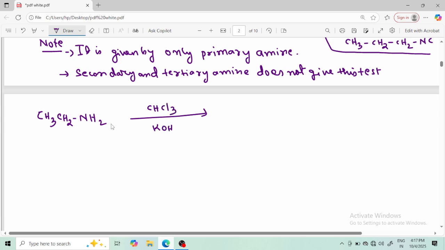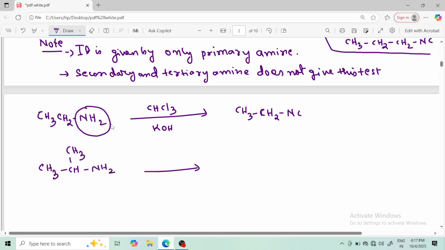So this NH2 part, remove it, and in its place you write NC. Now suppose another question, CH3CH(CH3)NH2 with CHCl3, and let's say I give ethanol and KOH also.